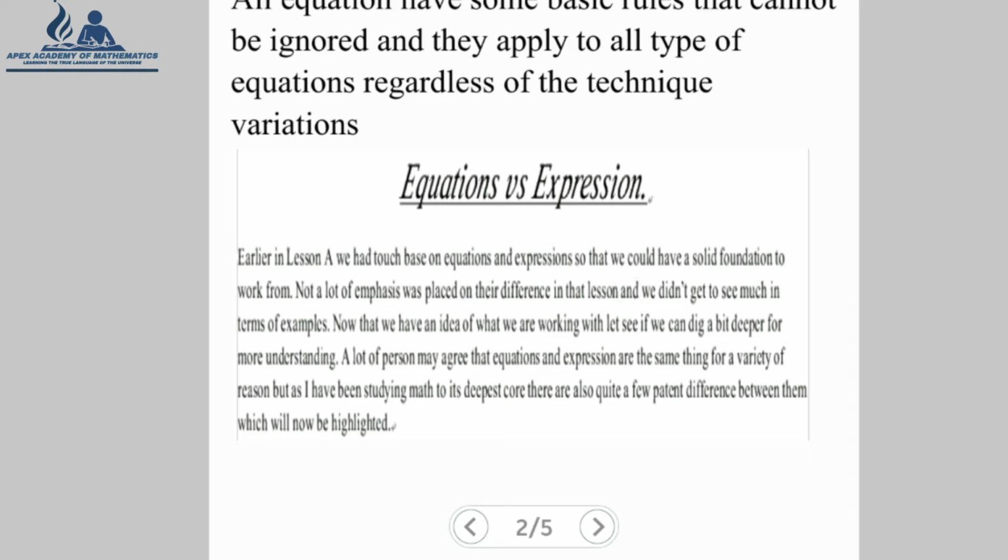There are differences between them, and it's not just the equal sign but also the way they look. But the main difference between an equation and an expression is the equal or the inequality signs.